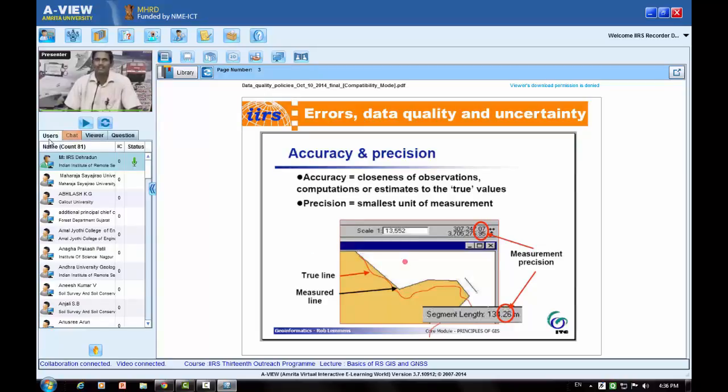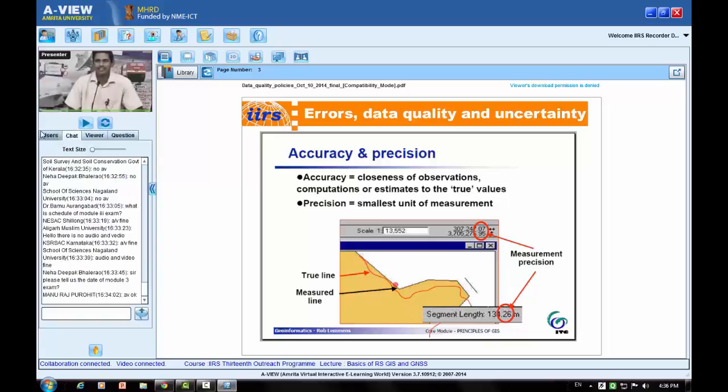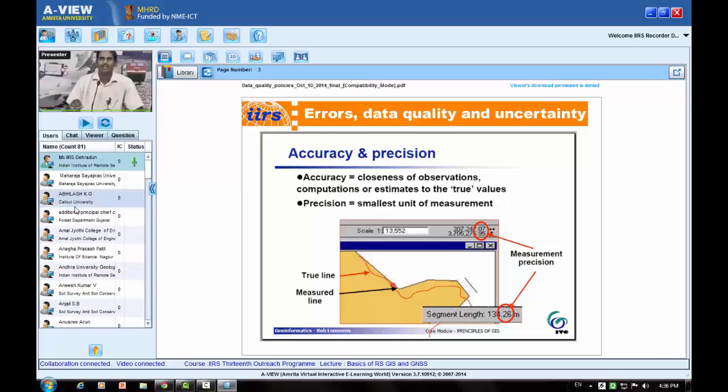So, an example of accuracy and precision. If you see the map, there is a true line in red color, and the digitized line is in black color. The difference between them shows the accuracy. If you follow all along that line, it means whatever is digitized is also exactly true to what is on the ground or on the map.